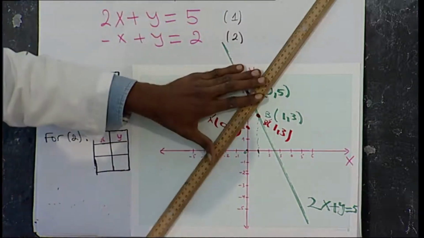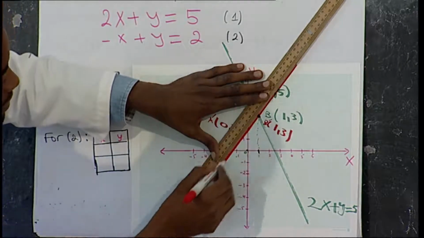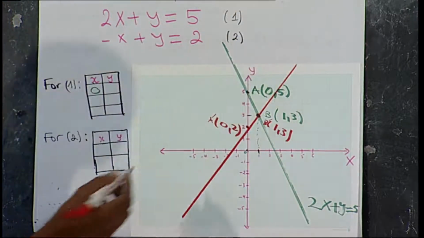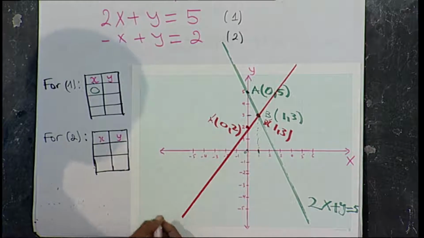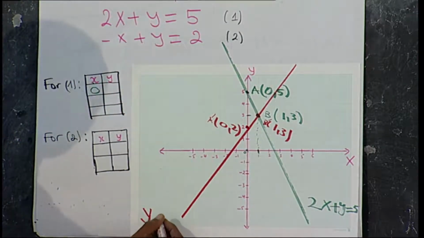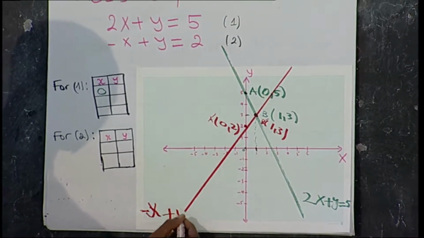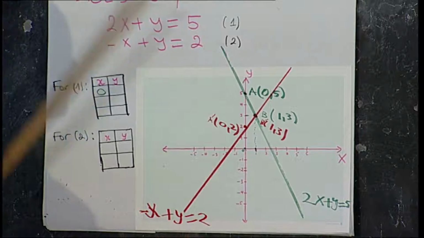So we have our line over here, like this. This is the line given by this equation, negative x plus y equals 2.